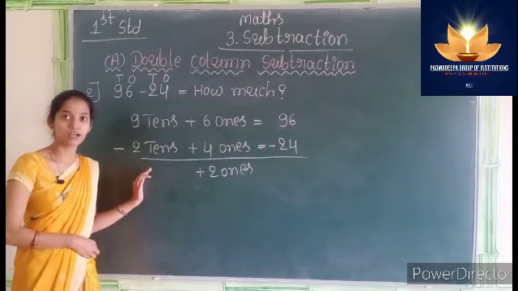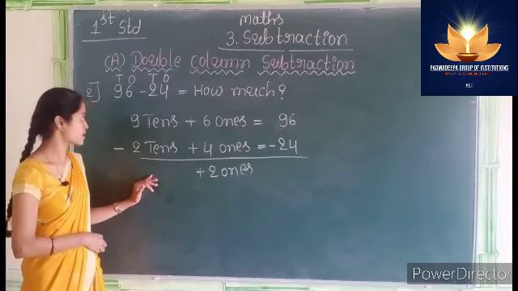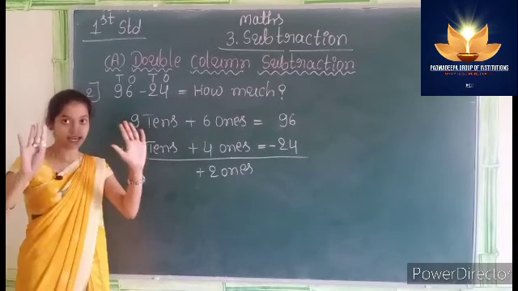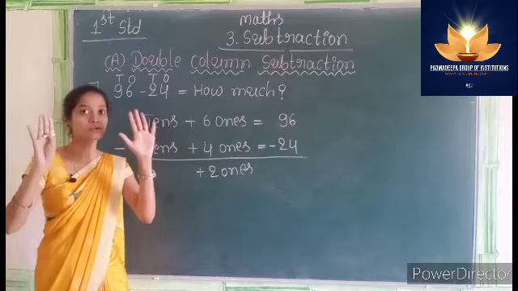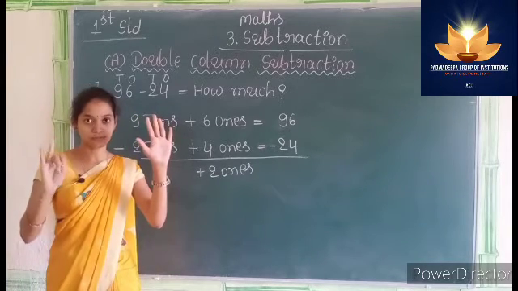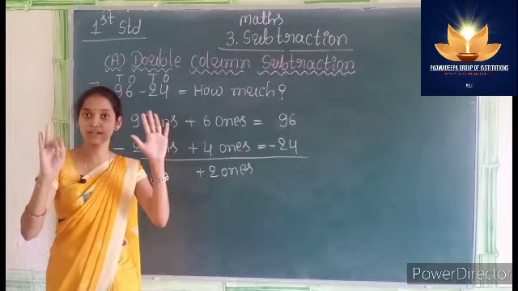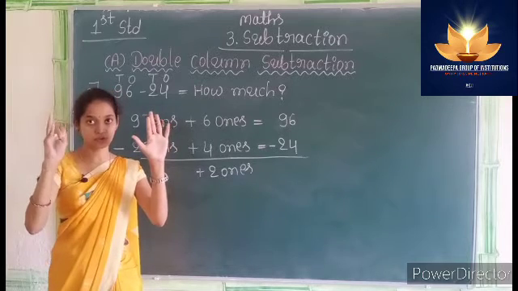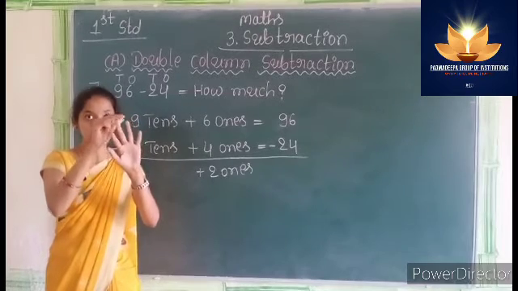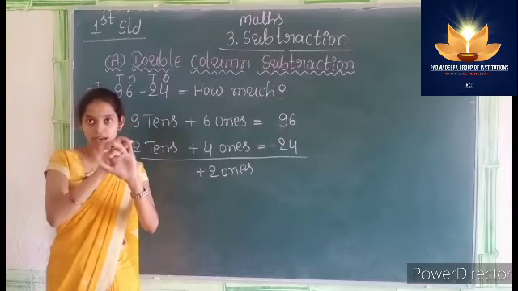Then we have to move on to the tens place. Subtraction 9 minus 2. This is 9. We have to remove 2 from this 9. 1, 2. How many fingers left? 1, 2, 3, 4, 5, 6, 7.